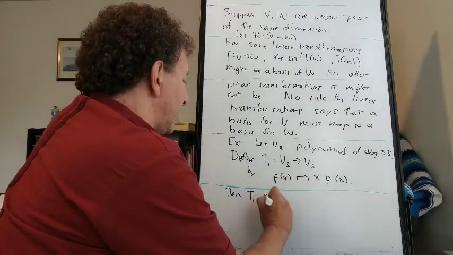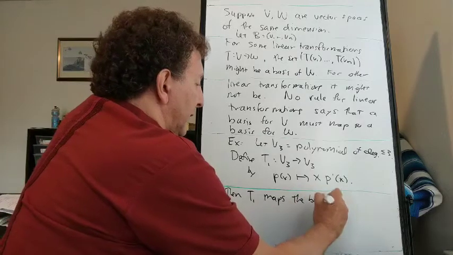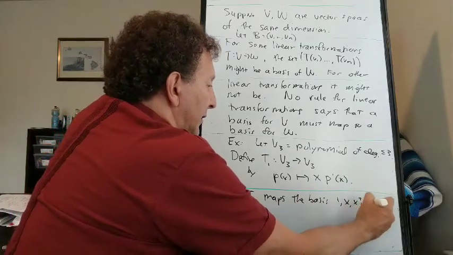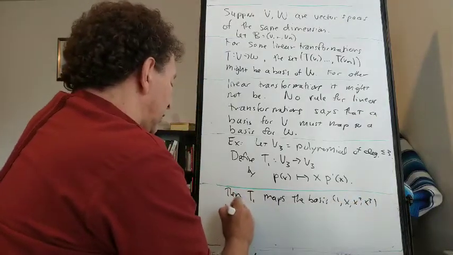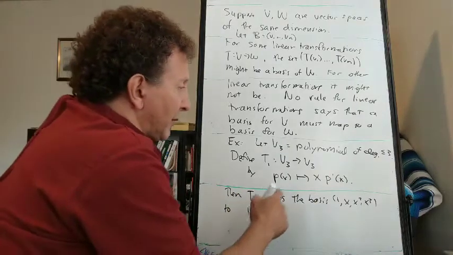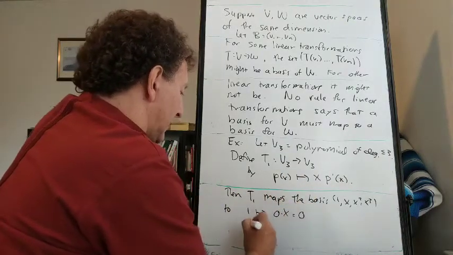Then T1 maps the basis 1, x, x squared, x cubed to, let's see, 1 gets mapped to derivative of 1 is 0 times x is 0.